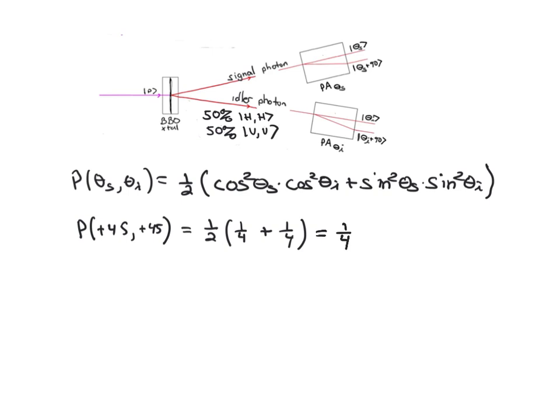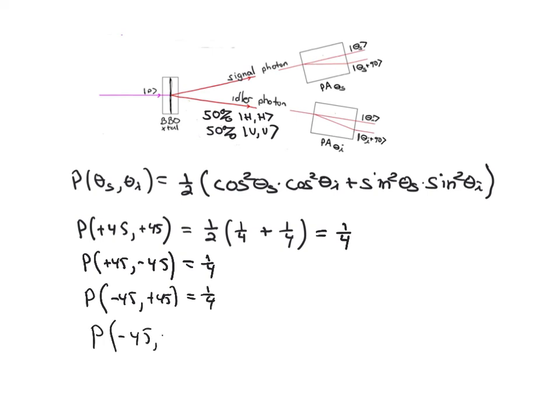And then you could use exactly the same method to calculate the probabilities for plus 45, say, and minus 45. And it's pretty easy to see because you're squaring everything. The fact that something's positive or negative doesn't end up making a difference. So this is also going to be a fourth, as is this one here, as is this one here.